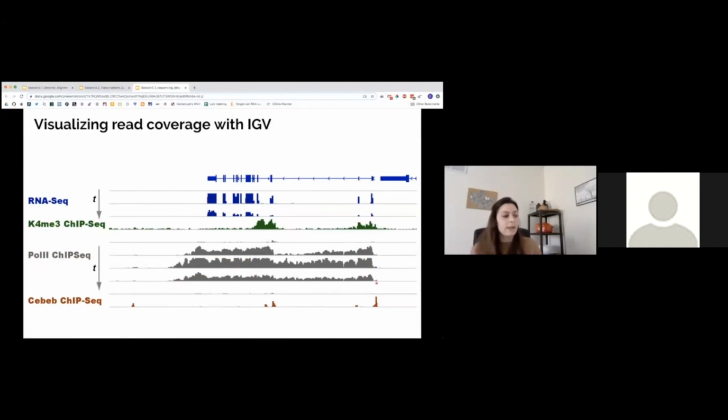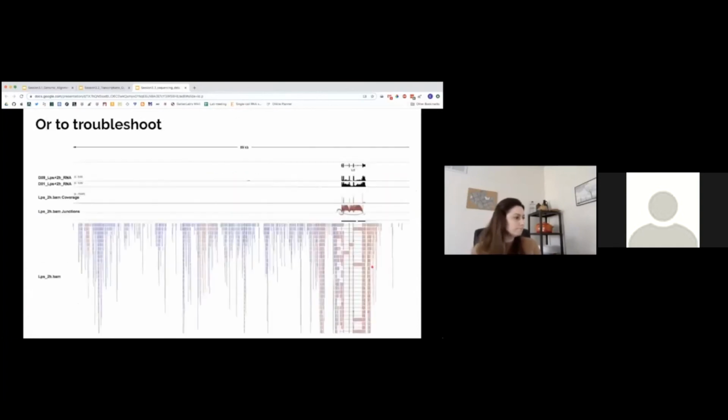It helps a lot to evaluate the quality of the data when you have nice clean peaks for a given transcription factor and not broad peaks. But in terms of Pol2, for example, you do expect it to be all over a given transcript, so the data is indicating that you have good quality. And you can use it to troubleshoot.